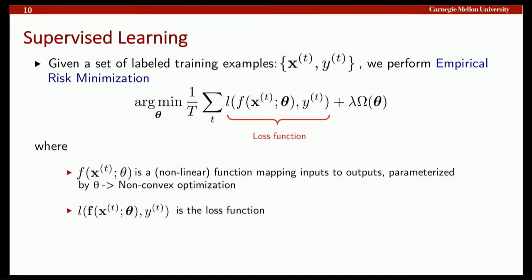And the third piece, which is very important for deep learning and neural networks in particular, is the specification of a regularizer, and we'll talk about what that is. We can think about the regularizer as a way of trying to reduce, in some way, the complexity of our model. That actually becomes very important for successful training of large-scale deep neural networks.